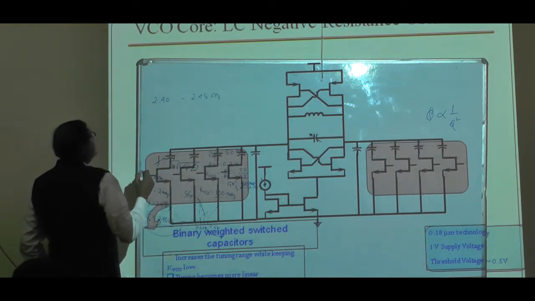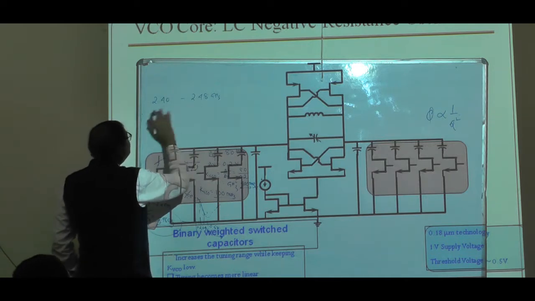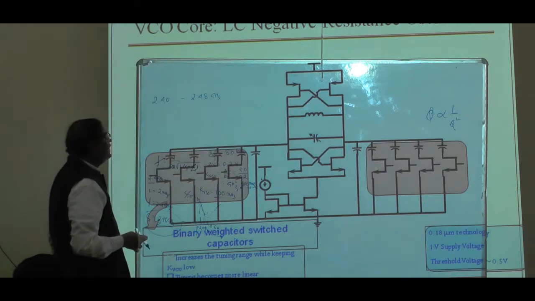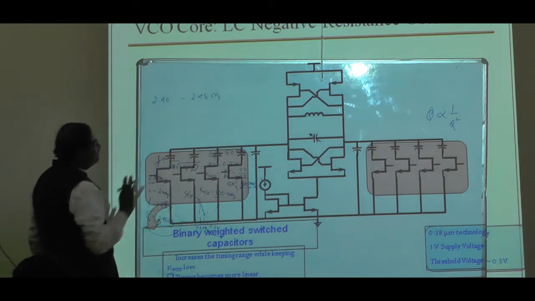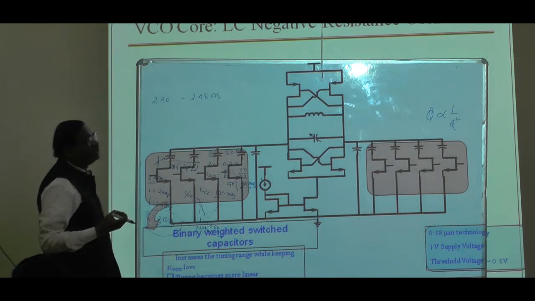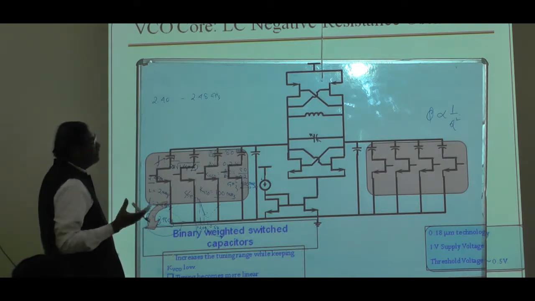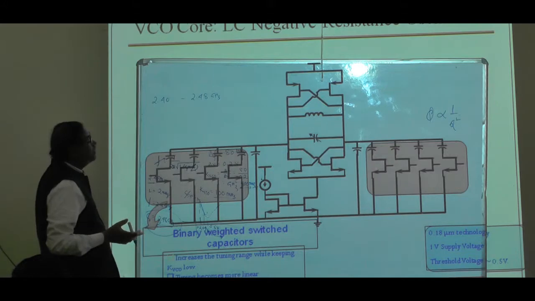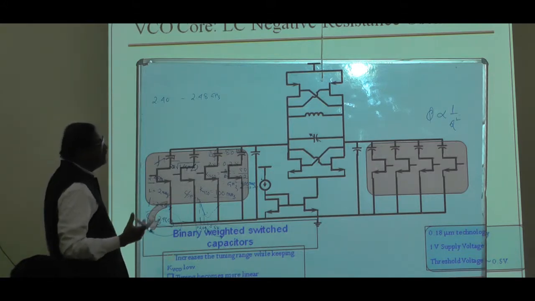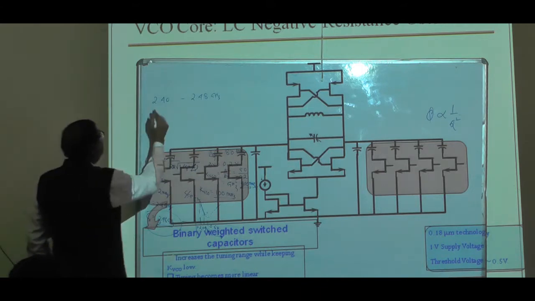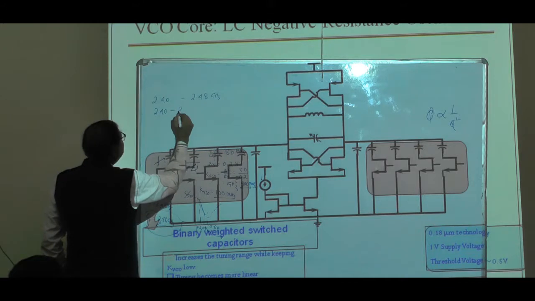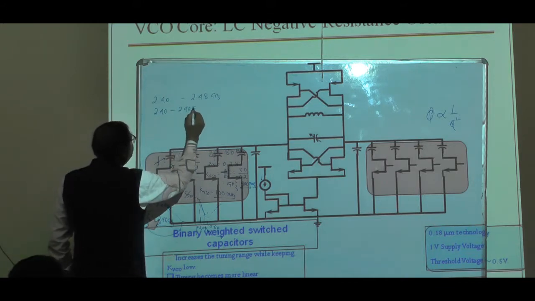So you are assuming that this 80 megahertz separation can be done by introducing the MOS varactor. But I found that KVCO is very, very high, so it's very sensitive to any change of voltage. And even the phase noise performance will be poor, because any noise that comes will be translated into phase noise multiplied with the KVCO. In spite of that, suppose this is 2.40 and next is 2.405.